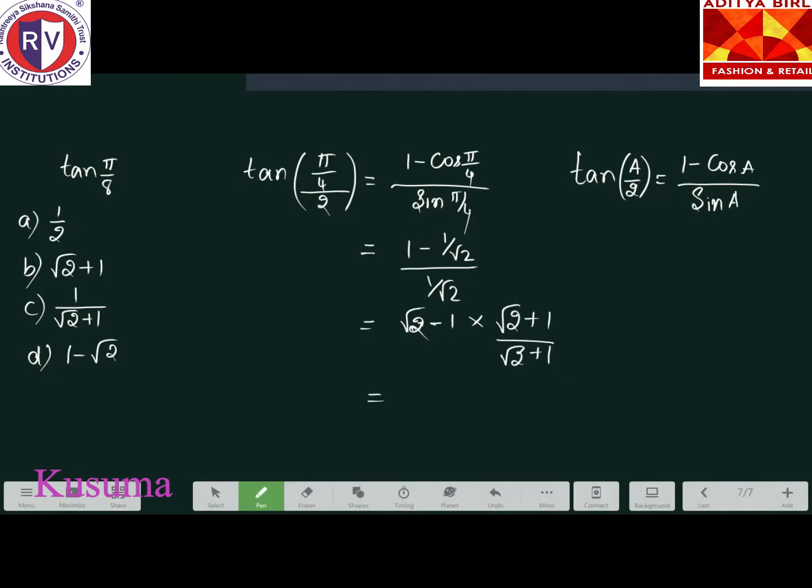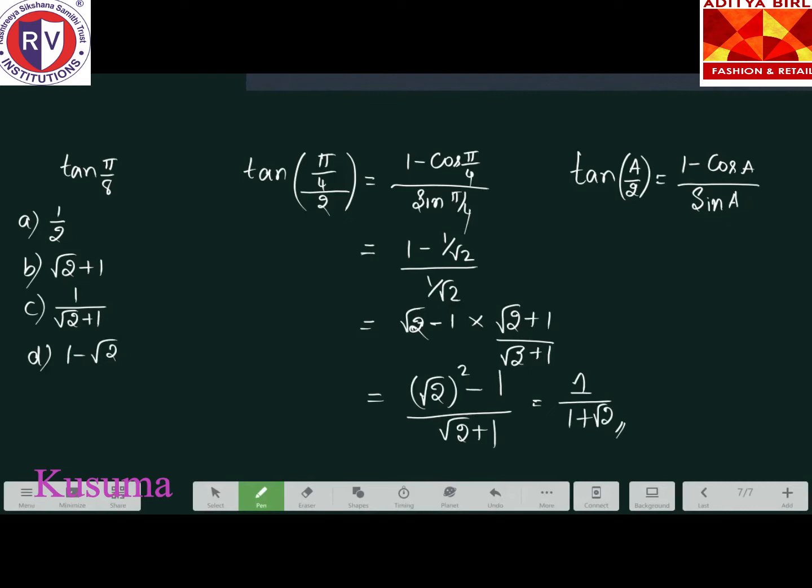So what happens to this? A minus b into a plus b, that is a square minus b square, right? Root 2 whole square minus 1 square divided by root 2 plus 1. So here it will be 2 minus 1 in the numerator, that will give us 1 divided by root 2 plus 1 or 1 plus root 2.